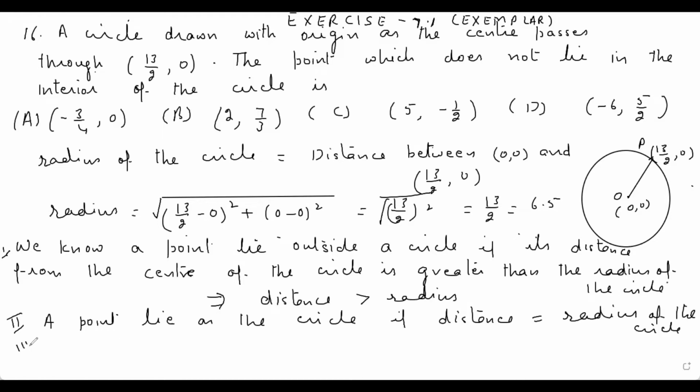And the third is, a point lies inside the circle if its distance from the center of the circle is less than the radius of the circle. It means if distance is less than the radius of the circle.